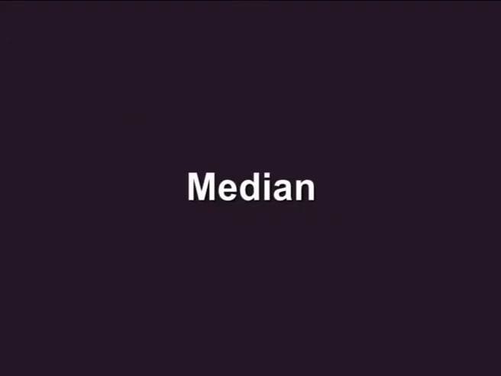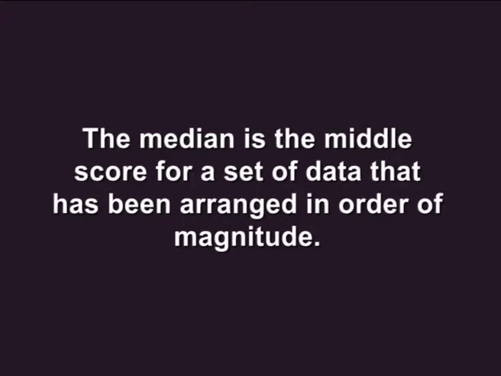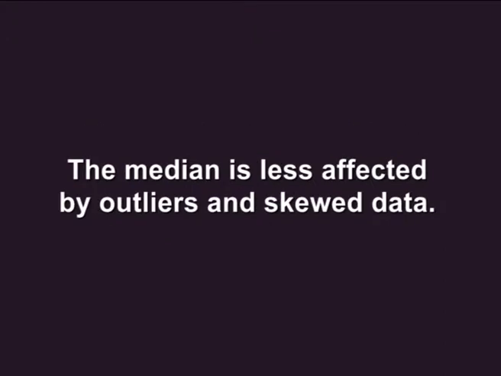Seeing these limitations, we have another method called median. The median is the middle score for a set of data that has been arranged in order of magnitude. The median is less affected by outliers and skewed data.